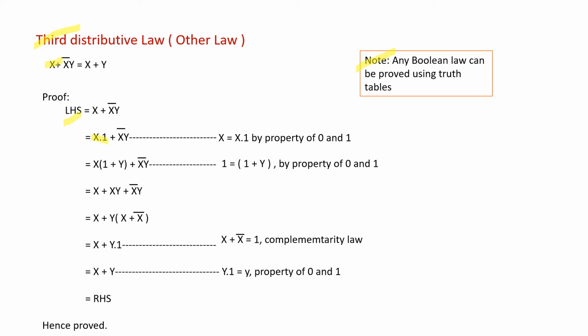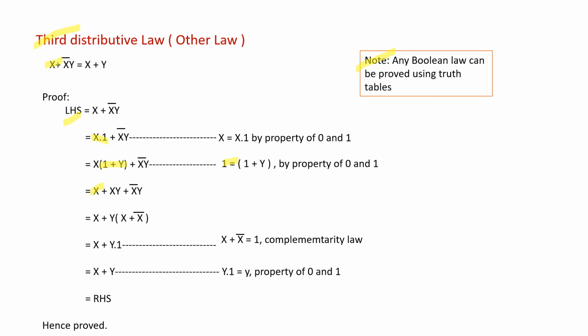We separate out the common Boolean variable x, which gives 1 or y, and this 1 or y is the same as 1 according to the properties of 0 and 1. Replacing that, we get the expression x or x and y, or x complement and y.